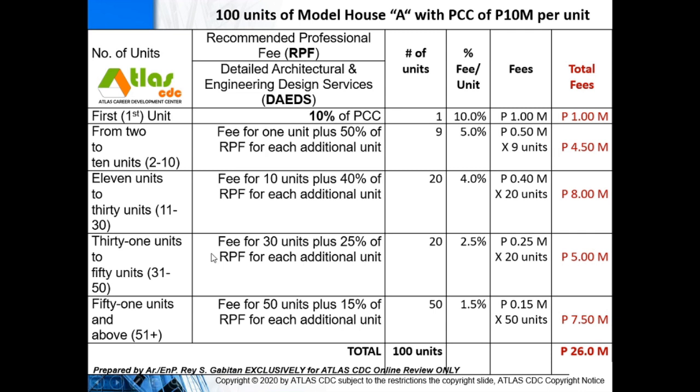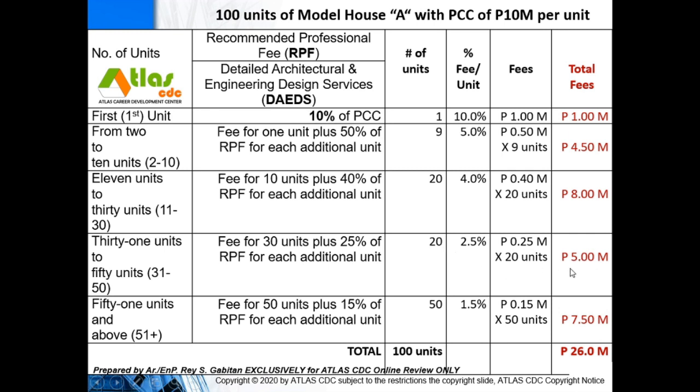So 40% of 1 million is 400,000. So you have 20 units, so your fee will be 8 million. And for the next 20 units, computed at 25% of the fee of the first unit, 25% of 1 million is 250,000 times 20 units, which is 5 million.